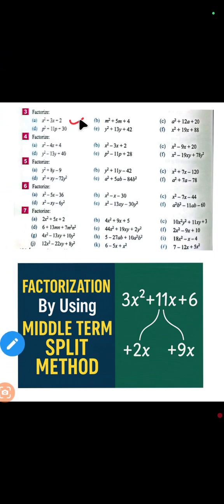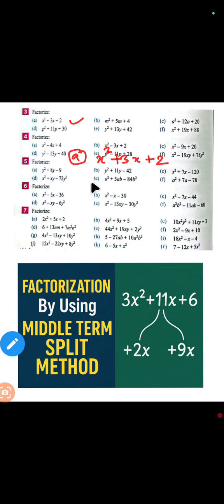Let us see what is given over here. First question is factorize, and the question is x square plus 3x plus 2. Question number 3a, x square plus 3x plus 2.